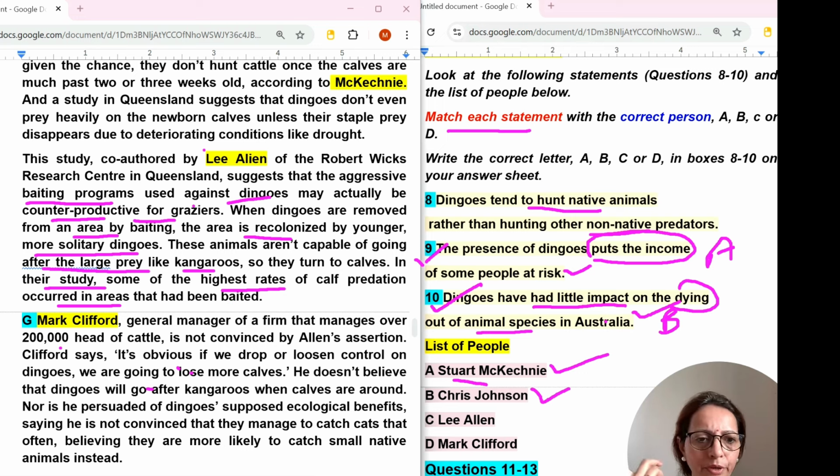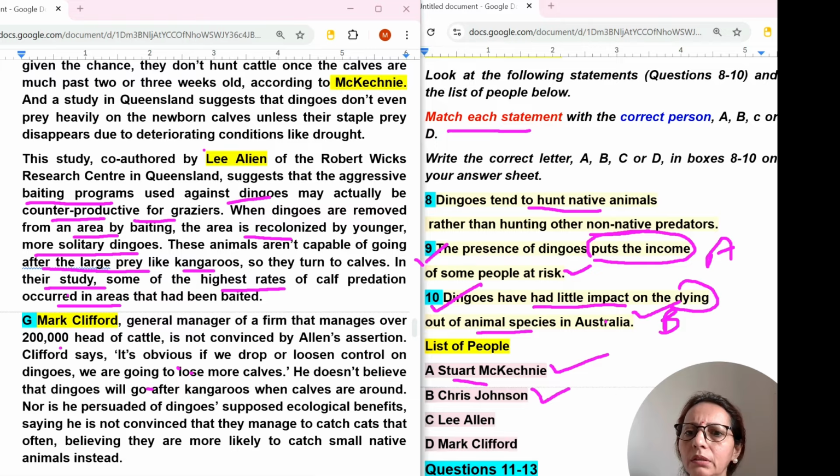Again, in the first paragraph they were talking about the same thing, like graziers will be affected. So dingoes tend to hunt native animals rather than hunting other non-native predators. These animals aren't capable of going after large prey like kangaroos, so they turn to calves.